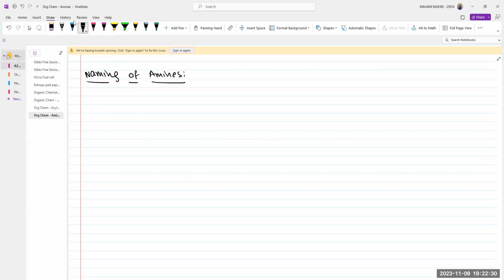We'll do some difficult examples as well. Like an exam में थोड़े easy पूछते हैं, but just for practice. So let's start with primary amines first.